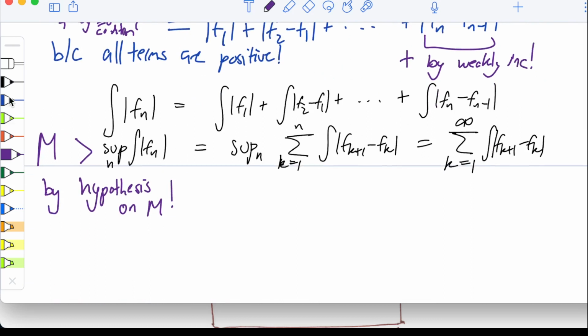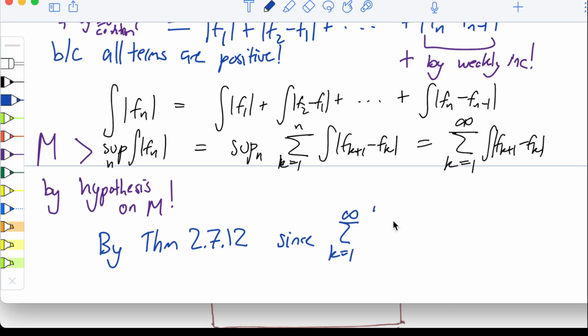And so you can say by theorem 2.7.12, our superpower theorem, since the sum from k equals 1 to infinity of fk plus 1 minus fk is less than m, is finite.